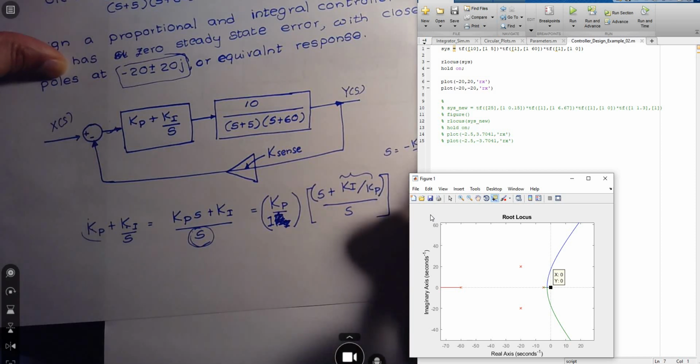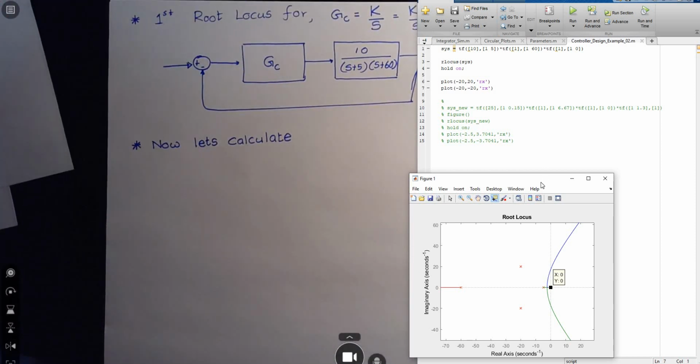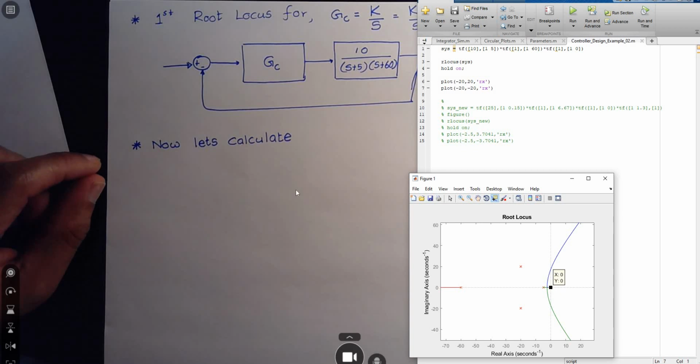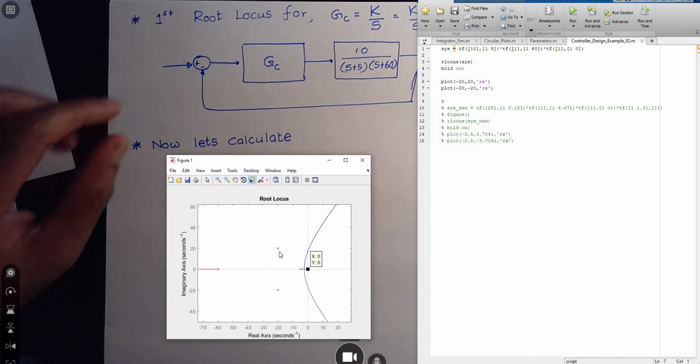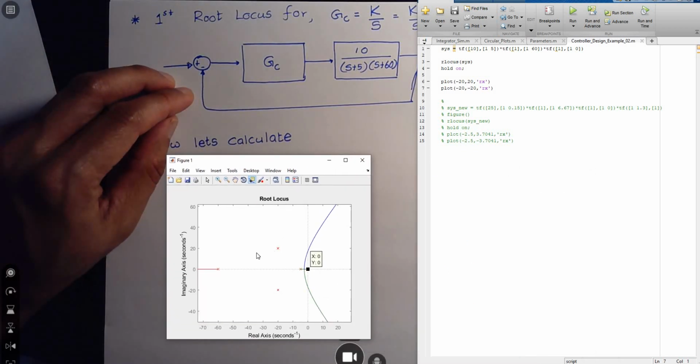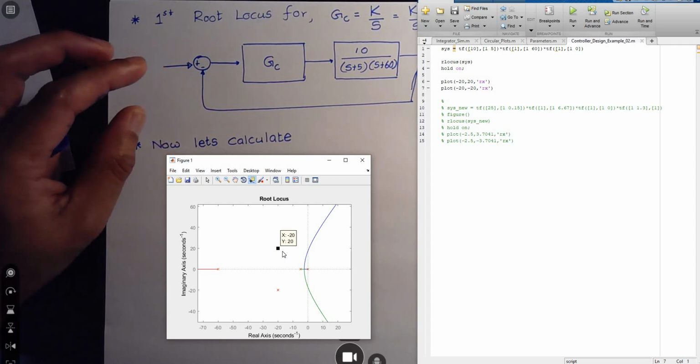Now when we look at our root locus here, what we need to do is calculate with respect to this point, because if the root locus goes through here, our total angle contributions at that point should be 180.